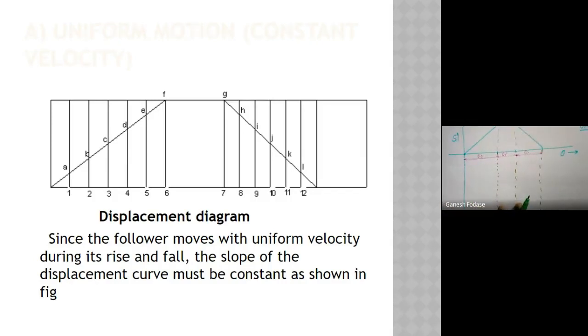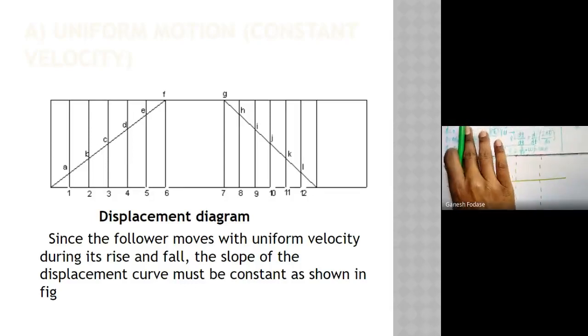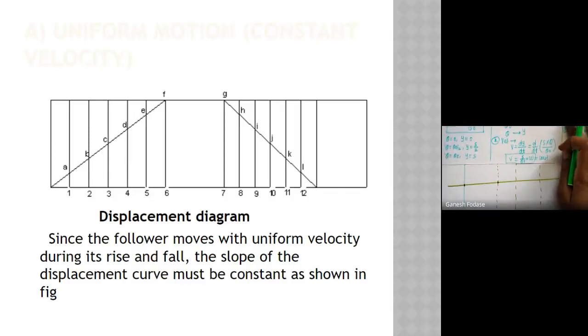So now I'm drawing the axis for this velocity diagram. Anyone tell me how much will be the velocity during rise? Let's consider this part only, the magnitude of velocity during rise. That we found out. Velocity is equal to S upon theta into omega. So it is having some value. During rise, the follower is moving with some constant velocity.